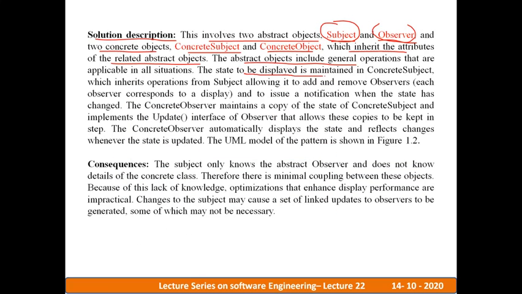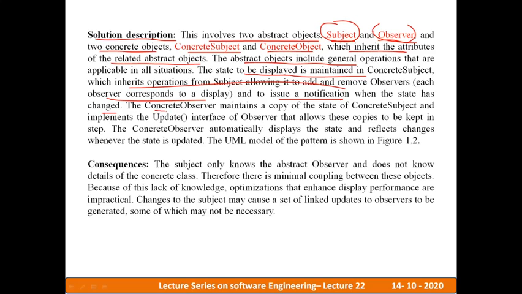The state to be displayed is maintained in the concrete subject, which inherits operations from the subject, allowing it to add and remove observers. That is, each observer corresponds to a display, and the subject issues a notification when the state has changed.